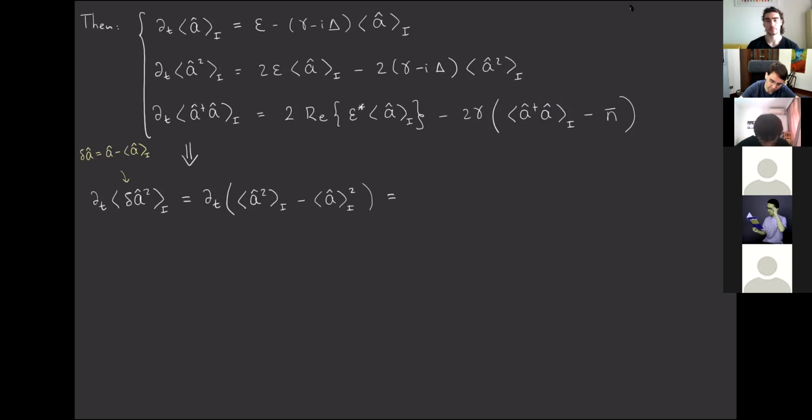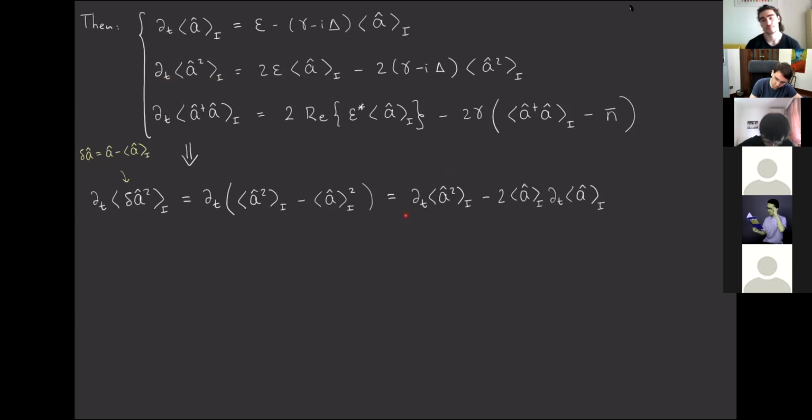If you take this and you expand, what you get is something very simple. The expectation value of delta A squared is just the expectation value of A squared minus the square of the expectation value of A. Then you can take the time derivative and you find the time derivative of A squared minus 2 times A and the time derivative of A. You know the time derivative of A squared, you have it here. You know the time derivative of A, you have it here.